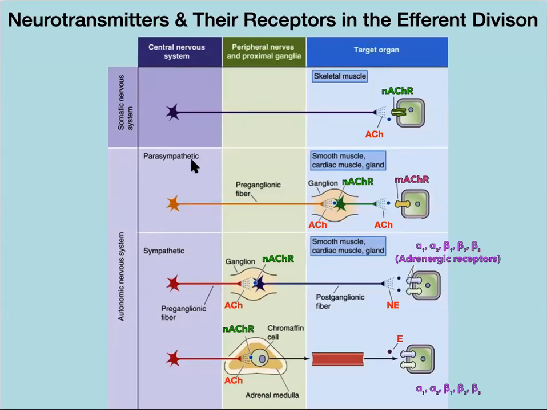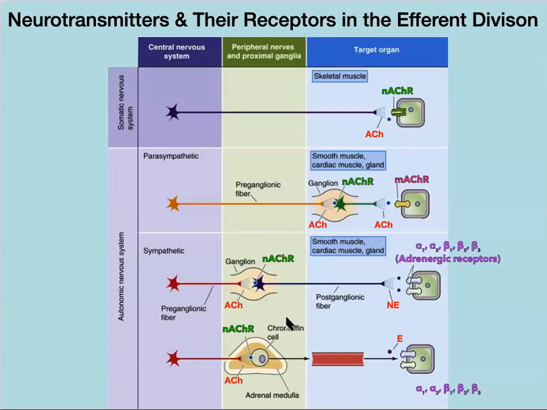Within the autonomic nervous system, the parasympathetic division also has postganglionic neurons that release acetylcholine. So within the parasympathetic division, both the preganglionic as well as the postganglionic neuron release acetylcholine.